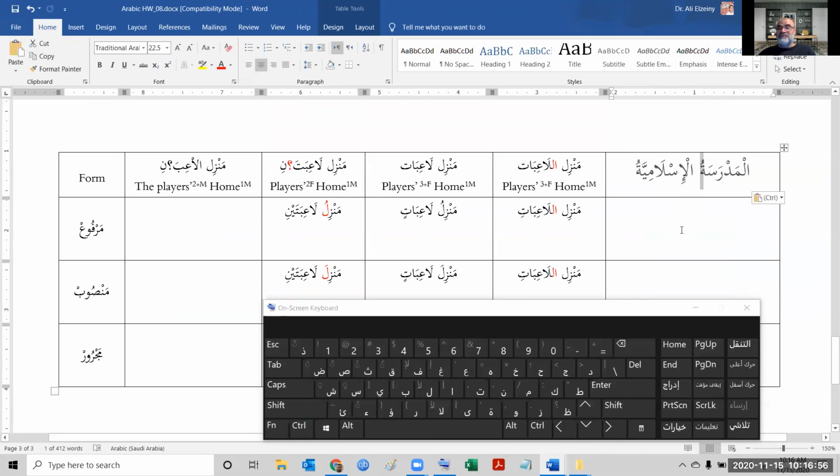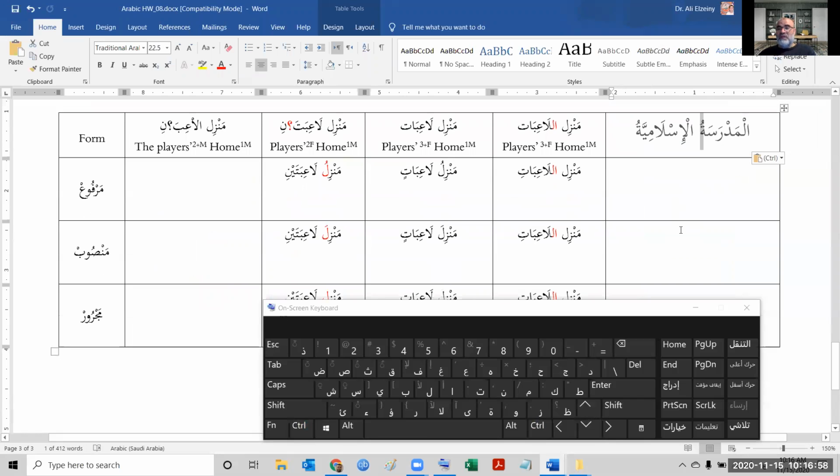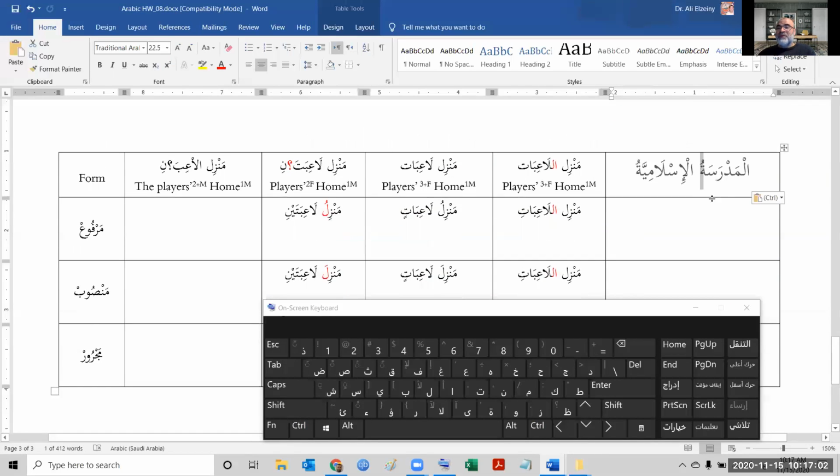So it's damma. The default case is marfu'. Marfu' is always the default case for the first noun, but it could be mansub or majroor. So here I need to account for these cases. So marfu' is damma.